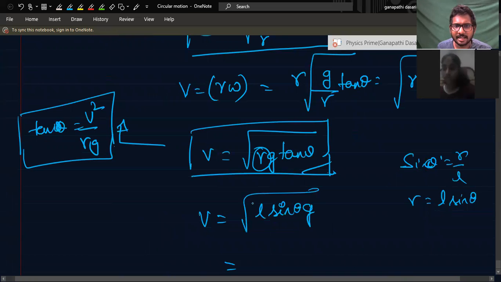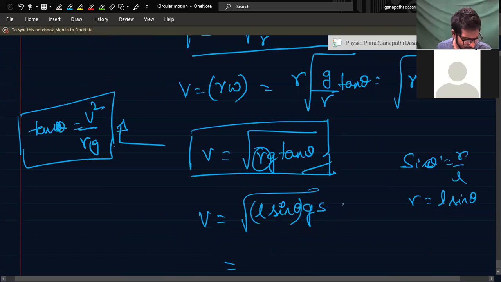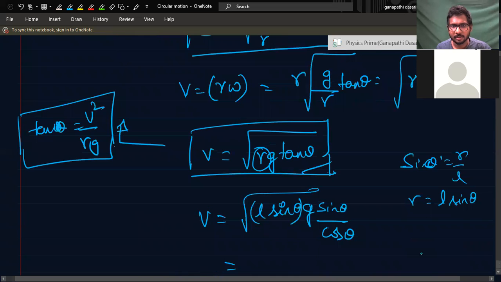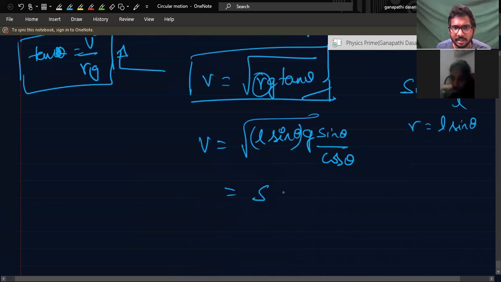R is L sin theta into g into tan theta. Tan theta is how much? Sin theta by cos theta. Then the answer will be, sin theta, if it will come outside, the answer will be sin theta into root over L secant theta.